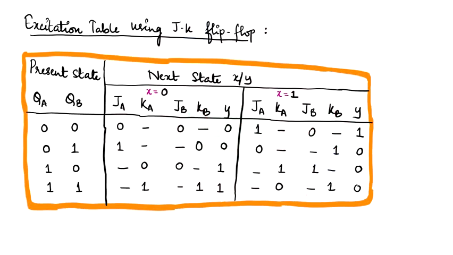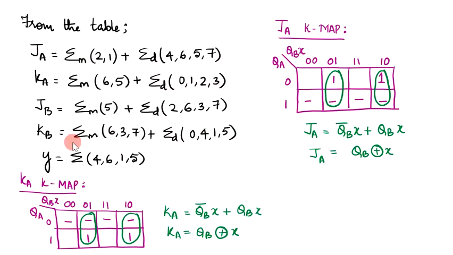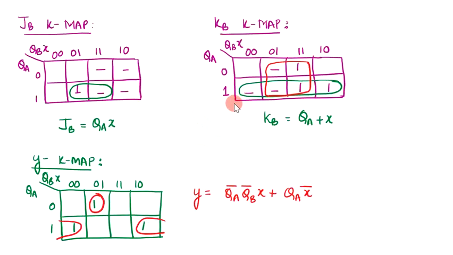So once you write all the shorthand decimal notations, use the Karnaugh map and obtain the simplified expression. So JA is obtained as QB XORed with X, KA is obtained as QB XORed with X, JB is QA into X, KB is QA plus X, Y is equal to this particular expression.